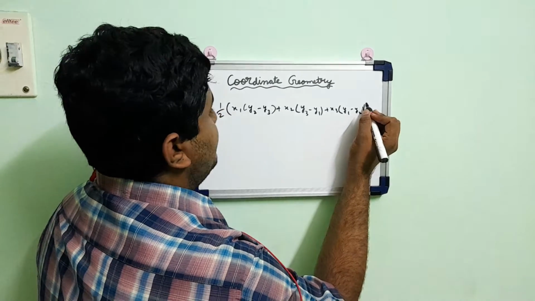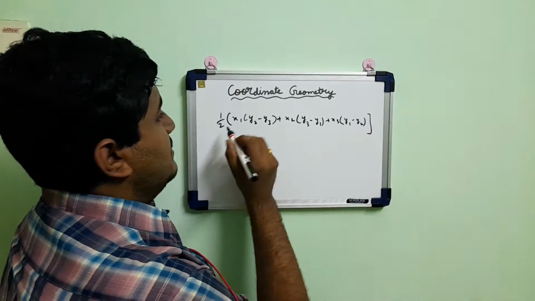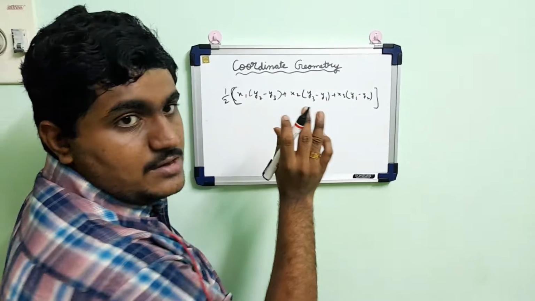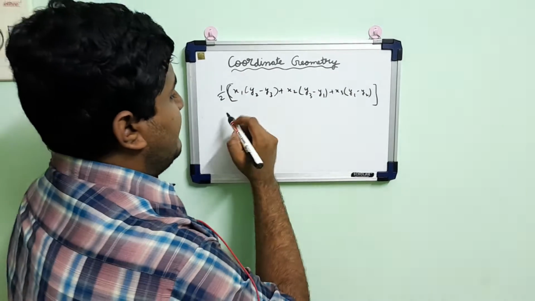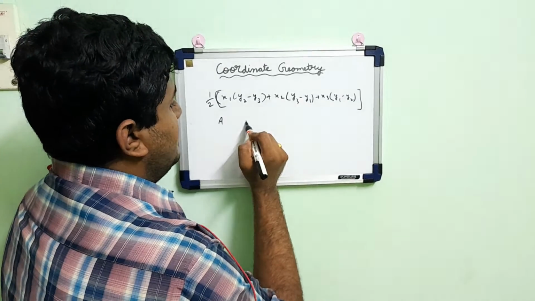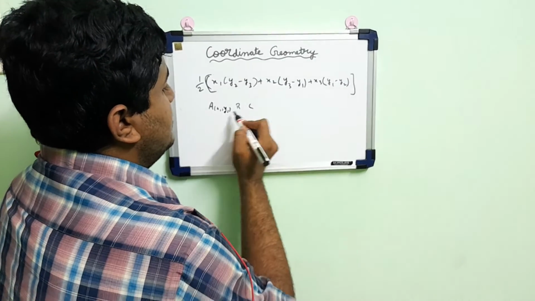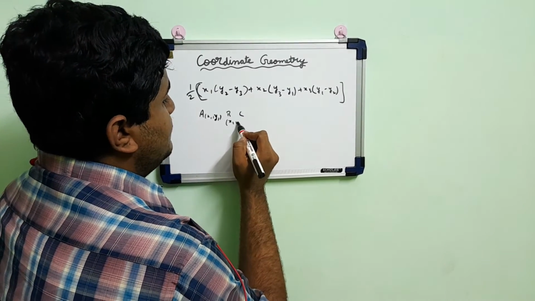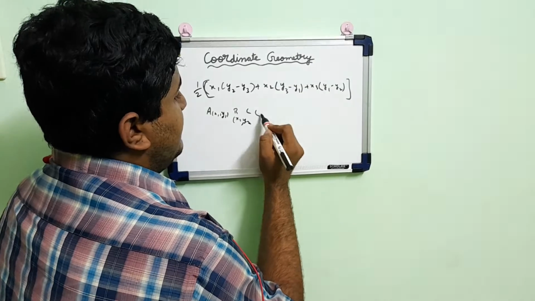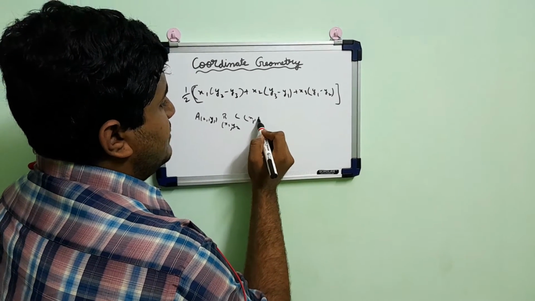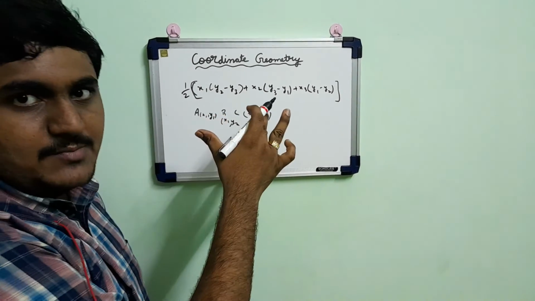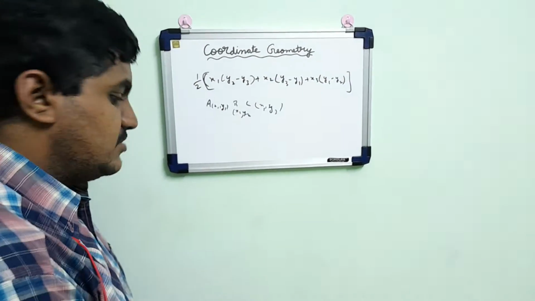This is the formula for finding the area of the triangle when all the 3 coordinates are given. Assume that the coordinates of A are x1, y1, coordinates of B are x2, y2, and coordinates of C are x3, y3. So by this we frame this.